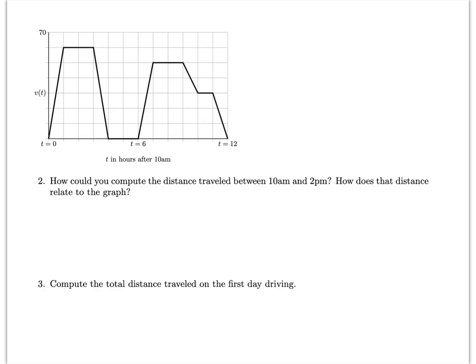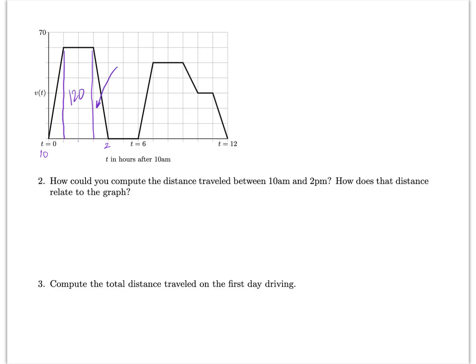Okay, how could you compute the distance traveled between 10 a.m. and 2 p.m.? So here's 10 a.m., 11, 12, 1, here's 2 p.m. So I want to find the area, the entire area under this curve. I already know that this middle section is 120. So this rectangular part, it's easy to find the area of. That was 120 miles.